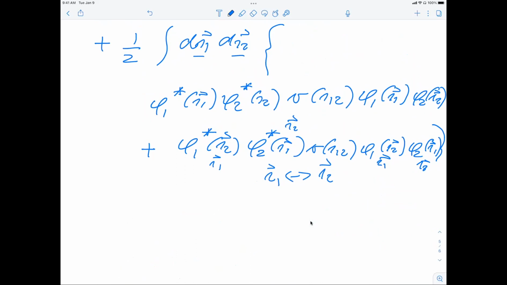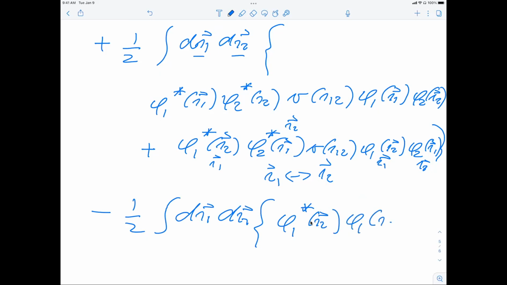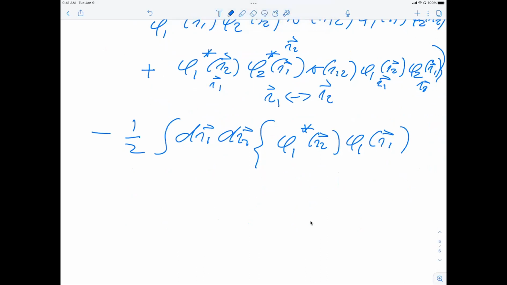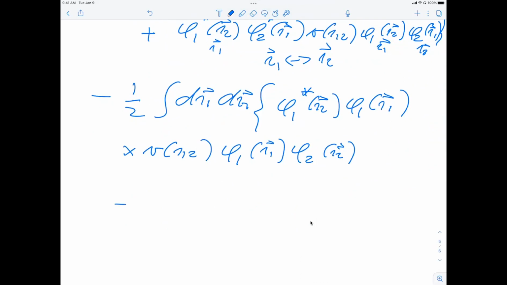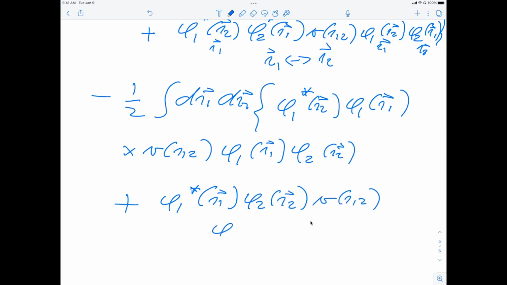Now, if we look at the second one, we will get minus a half, and then we would have a dr1 and dr2 here, and then we just repeat the same exercise, and we would have a phi1 of r2 here, and then we have a phi1 of r1, and this is multiplied with a V of r1,2, and multiplied with a phi1, and then I would have an r1 and a phi2 with r2, and then I would have a new term here, which goes like minus, or rather plus, since I put the minus sign outside, I would have a phi1 of R1, phi2 of R2 here, and a V of R1,2, multiplied with a phi1 of R2 and a phi2 of R1.